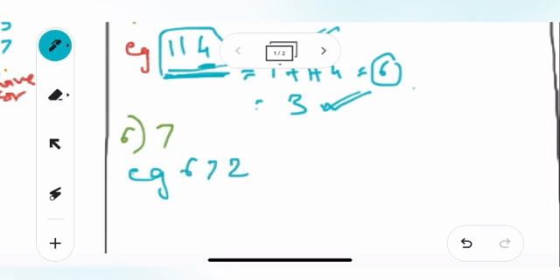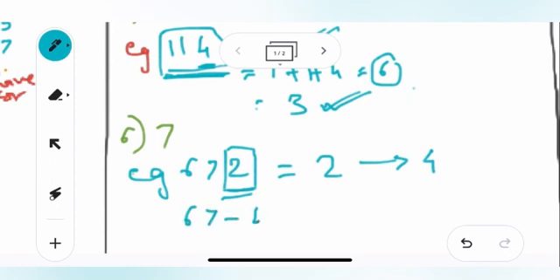I have to double the last digit of the number. Double of 2 is 4. So I have to subtract this 4 from this 67. So 67 minus 4 becomes 63.